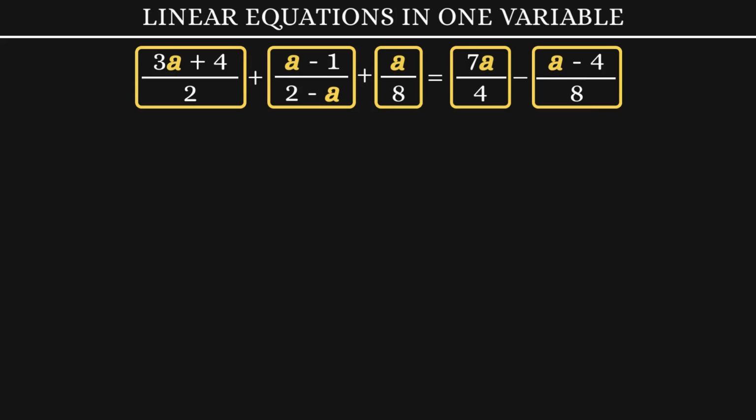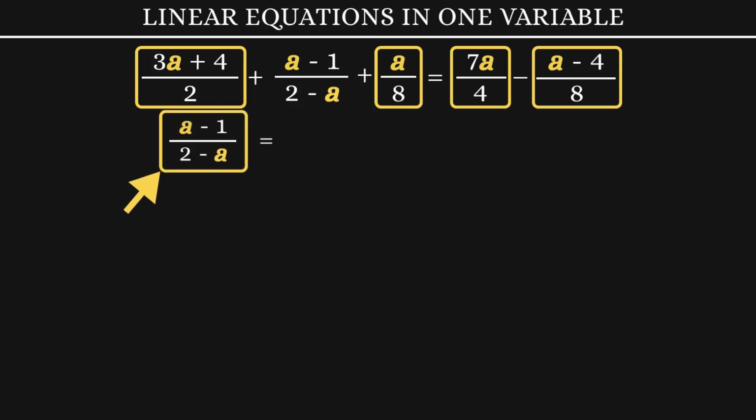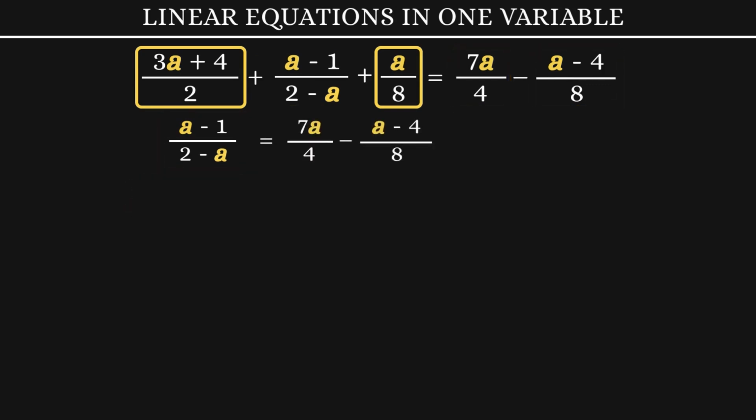But if you watch closely, this term has the variable in its denominator. So what we'll do here is keep this term on one side and move all the other terms to the other side. When we move the entire term from one side to another, we just have to change the signs.